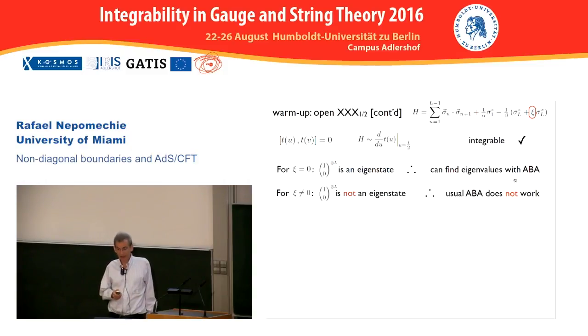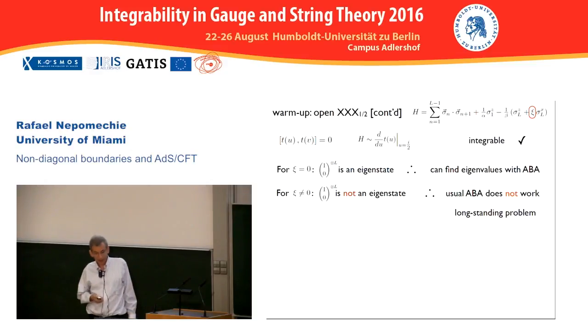The problem is that when ξ is not 0, so when the boundary terms are not diagonal, you don't have a U(1) symmetry, and this state is no longer a reference state. It's not an eigenstate of the transfer matrix, and then the usual Bethe ansatz doesn't work. And this was a long-standing problem, many years. No one knew what to do.